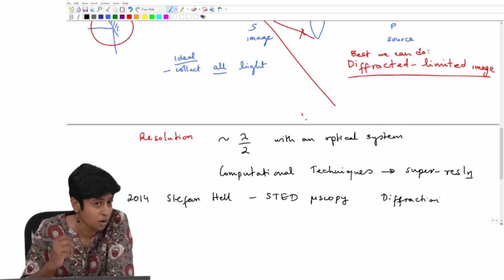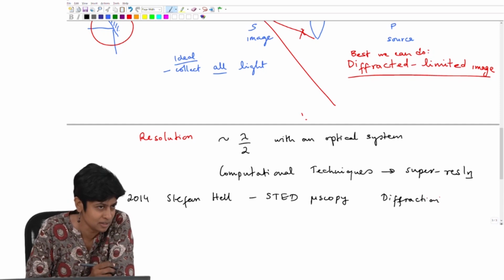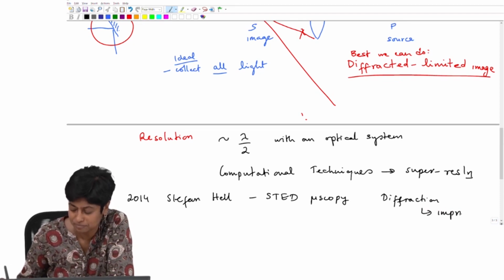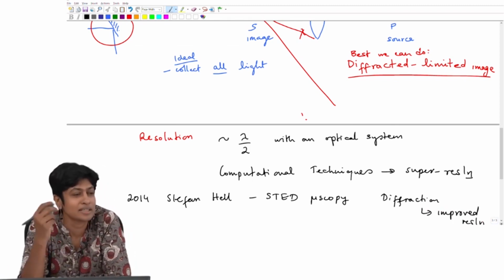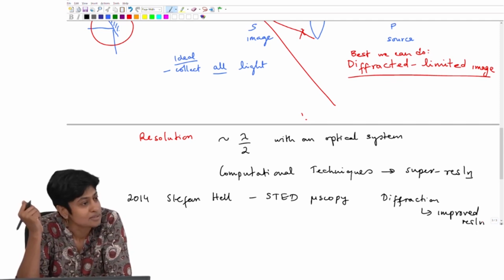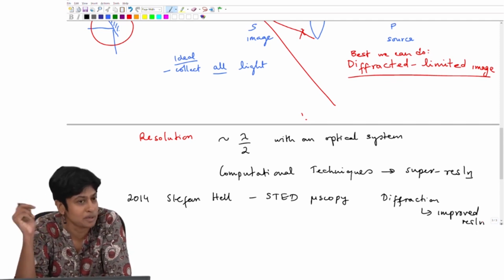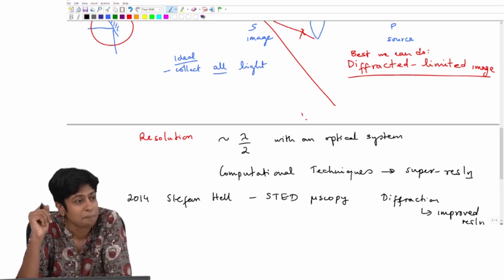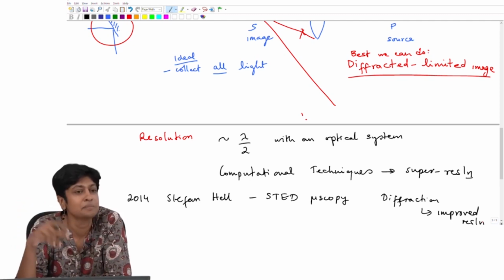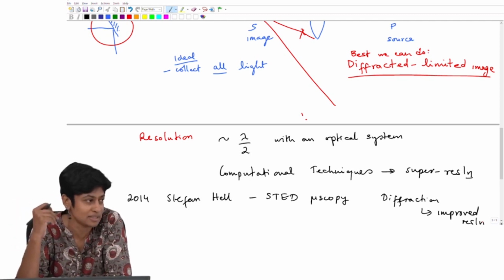So we say optical systems are limited by diffraction, and therefore you can't get better images, but he actually used diffraction and improved resolution. It's a very clever, and once the technique is explained, a very simple technique, and you think, well, anyone could have thought of this, but of course Stefan Hell did. Maybe if we have time later on in this course, we'll look at this technique in some detail, but in this case, diffraction is actually used to develop some element that could be used to improve resolution.